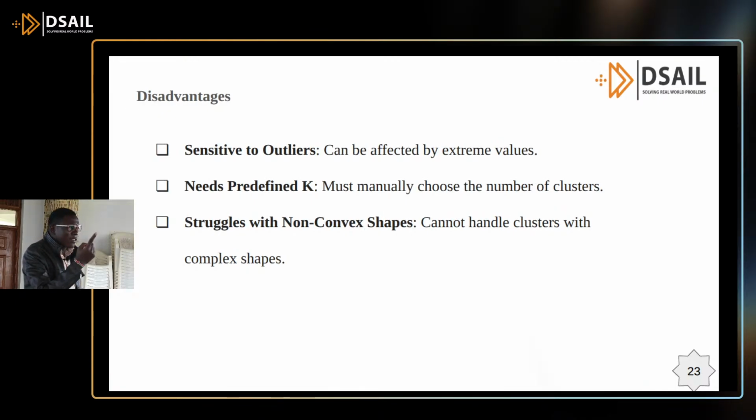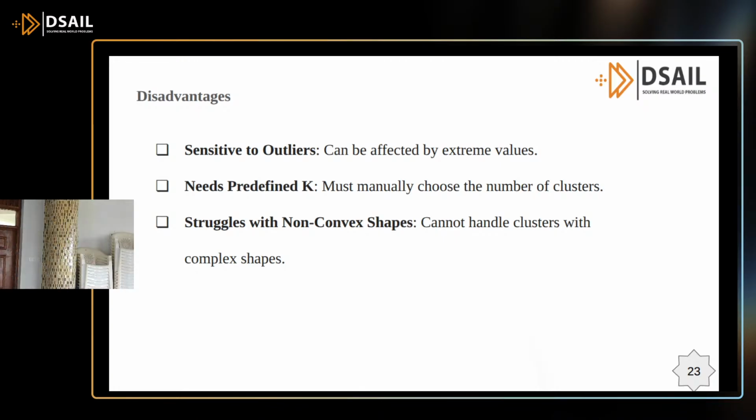And then it's sensitive to outliers. That's a disadvantage of k-means. Remember, we said that k-means can't be used for anomaly detection. The reason being, for k-means, all the points must be assigned to a cluster.